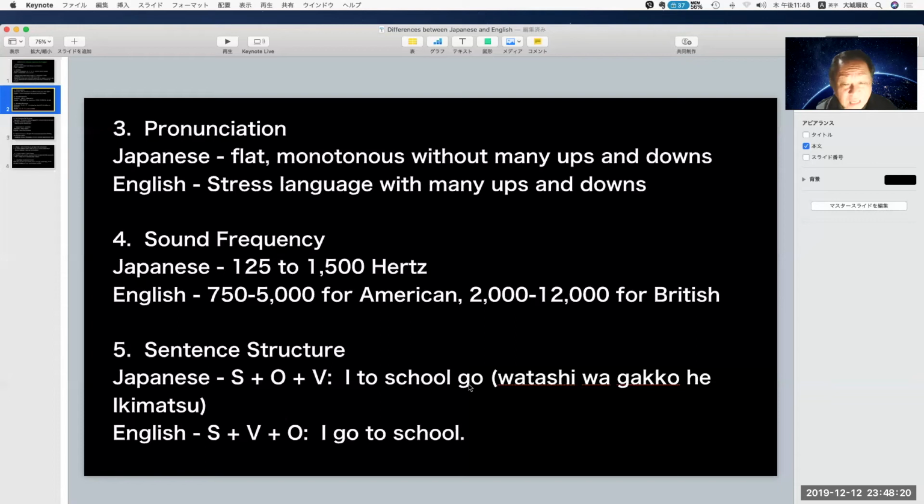So don't get angry whenever Japanese people start telling you something, because you have to be patient in order to understand fully whether he's saying it positively or negatively. On the other hand, English is so clear. I go to school. Go, the verb, is always followed by the subject or pronoun. That's why it's easy to understand.